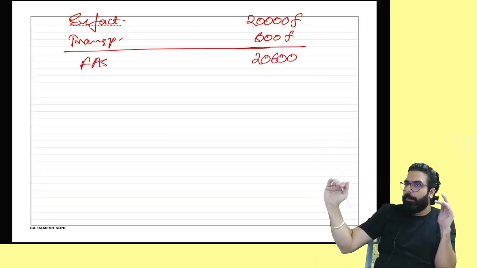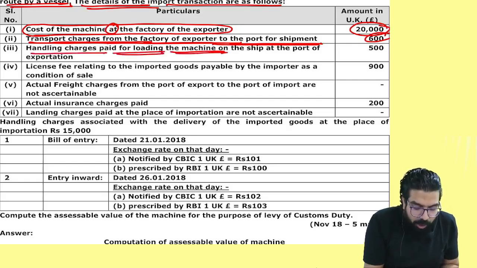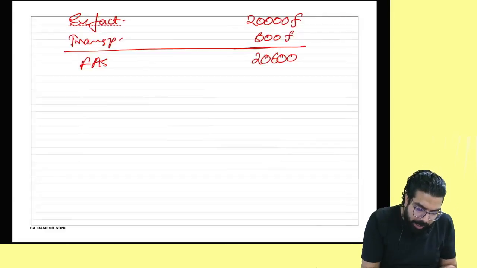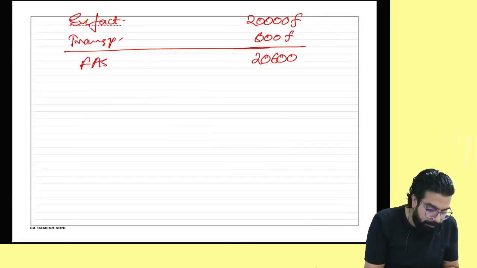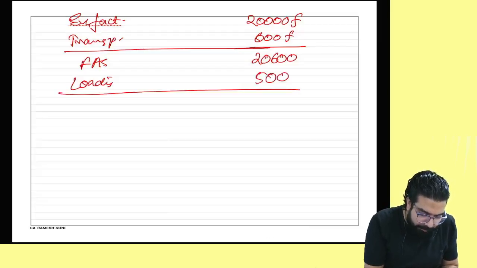Transportation from there to the port. Handling charges paid for loading the machine on the ship at the port of exportation. People, now loading the machine in the ship, loading charges. How much? 500. Can you tell me what do you arrive at? FOB. How much?